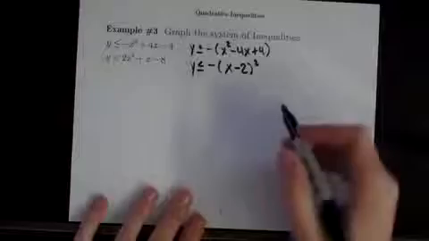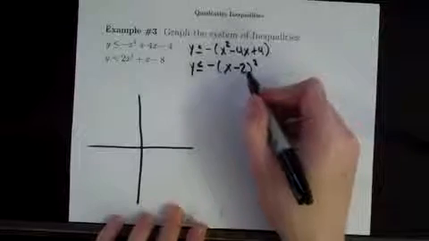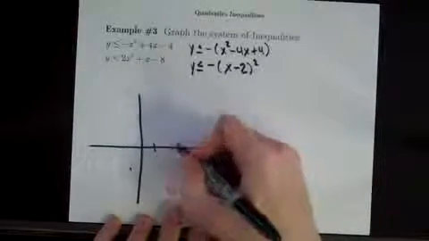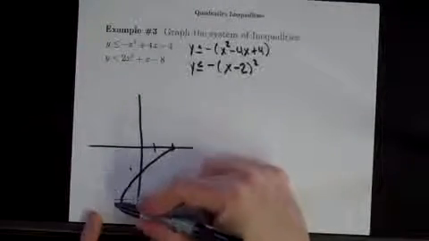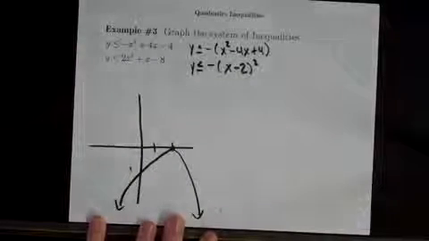Okay, so if we do a graph, this is a parabola that's upside down because of this negative, and at 2 we get a point. So there's that. We get upside down.